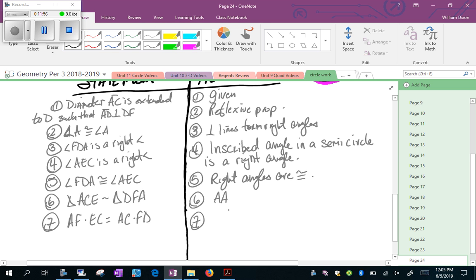And I'm just going to write sides are in proportion when the triangles are similar.